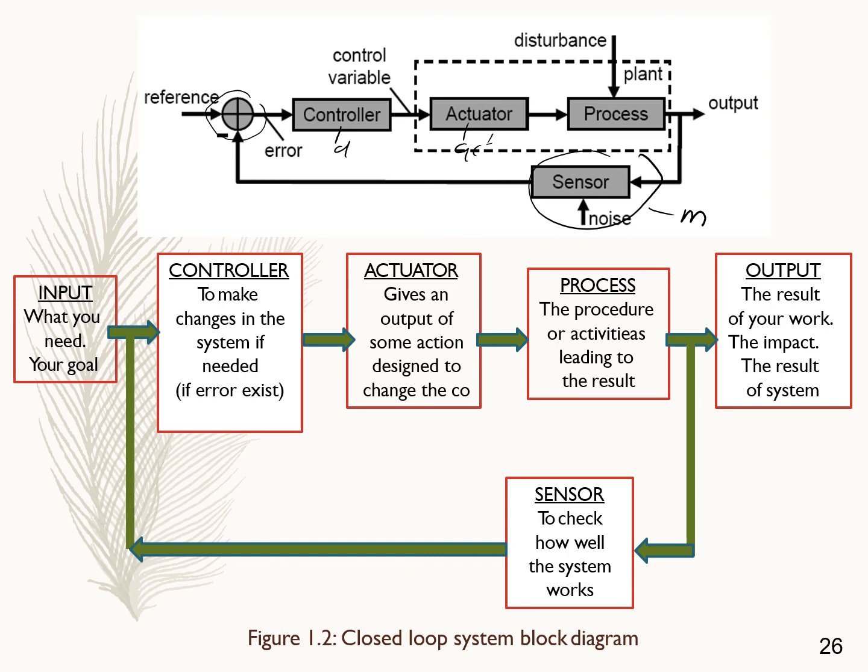So in here, why do we call it feedback? Because this system measures something from the output and sends the error back to the input. So that's why we call it feedback.